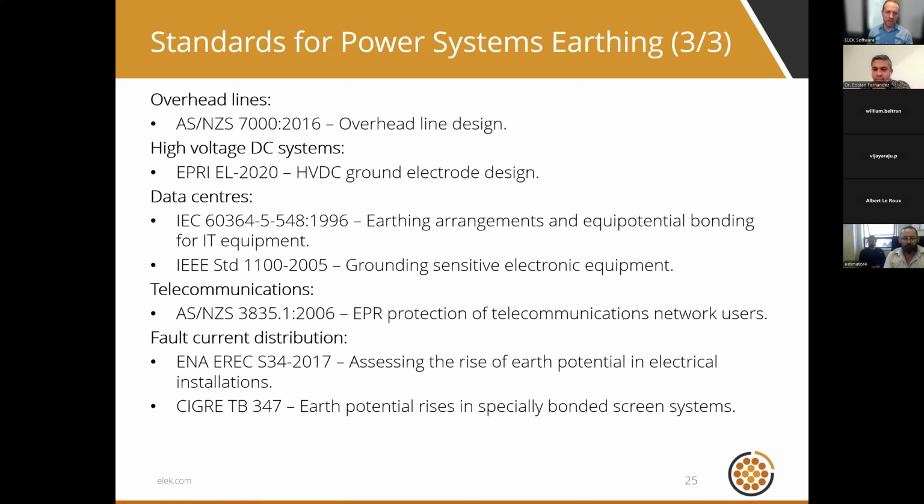For overhead lines, HVDC systems, we've got some earthing design standards there. For data centers, these are very prominent these days, you've got some useful reference standards. For telecommunications, as I said, we need to limit our transfer voltages to those. For fault current distribution, for those sort of calculations, good references are listed here as well.